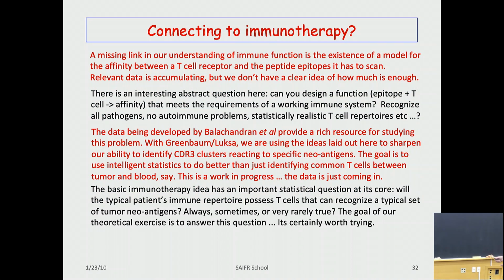And one of the reasons why I'm interested in this game is because of immunotherapy. The one or two sentence explanation of why it's relevant is that any given cancer sufferer has a particular set of mutations of its own genes that is responsible for the tumor, for the cancerous behavior. And in principle, its immune system ought to be able to recognize and deal with the cells that carry those mutations.